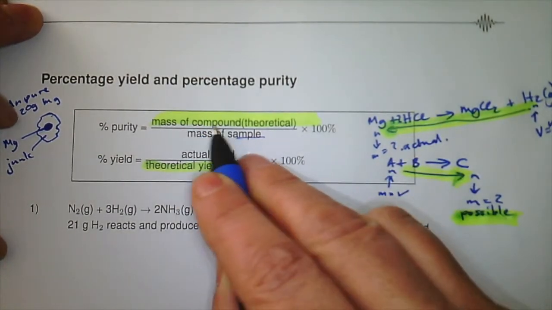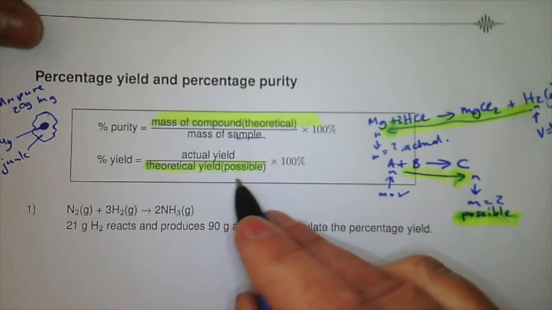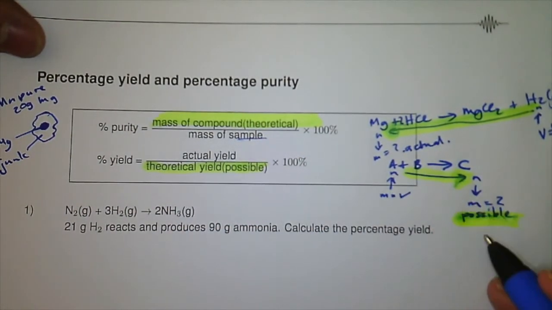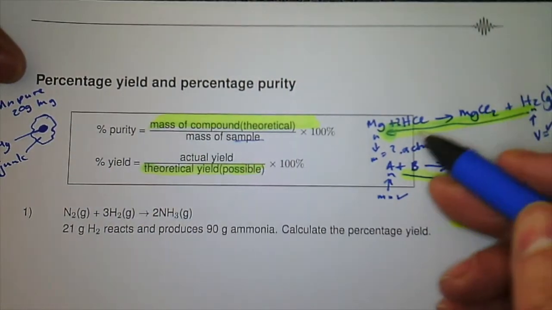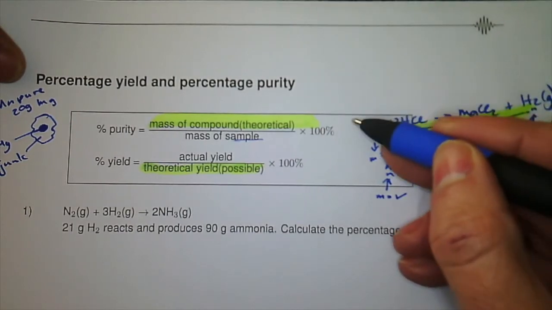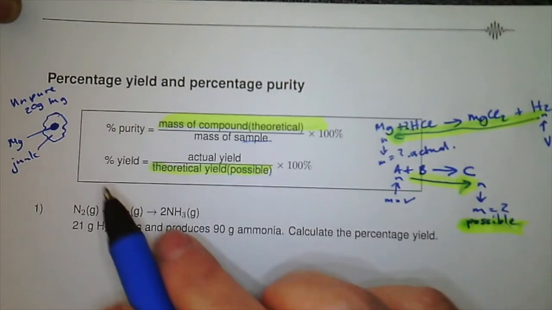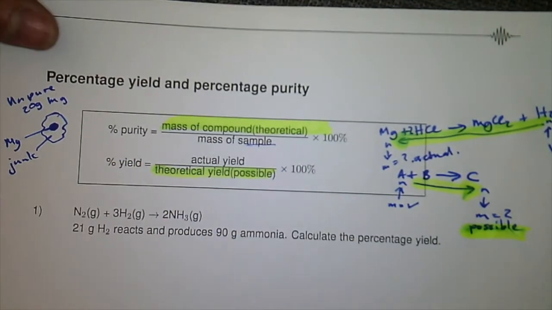The real mass. So with percentage yield, you work from left to right and you work out the possible yield. With percentage purity, you do an experiment and then you have to work back to know how much magnesium reacted, and that will tell you how much magnesium was present.